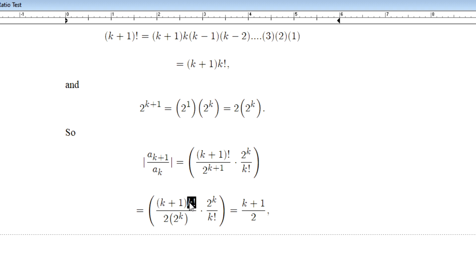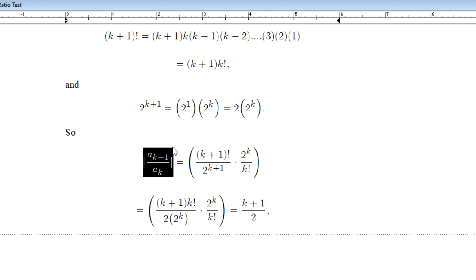With those common factors canceling, what you're left with is just the quantity k plus 1 divided by this factor of 2. The absolute value of a sub k plus 1 over a sub k is just the quantity k plus 1 divided by 2.